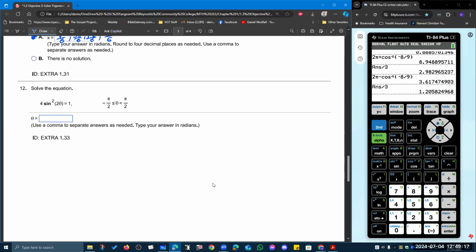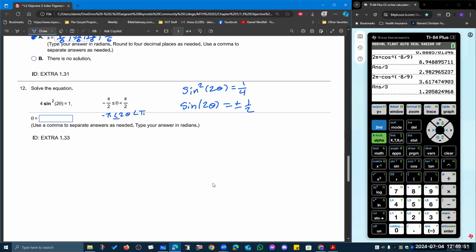All right, and then this one is between -pi/2 and pi/2 for my interval. So sine squared 2 theta is equal to 1/4. Sine 2 theta is equal to plus or minus 1/2. So that means 2 theta is between -pi and pi.